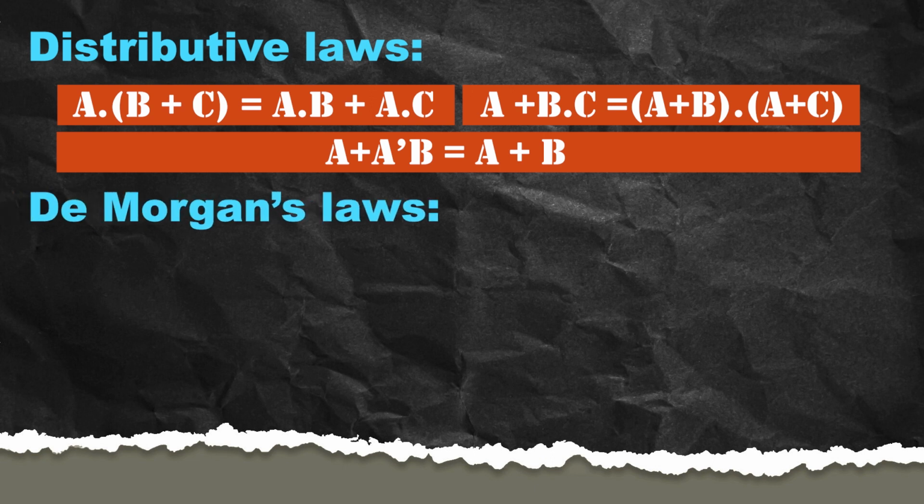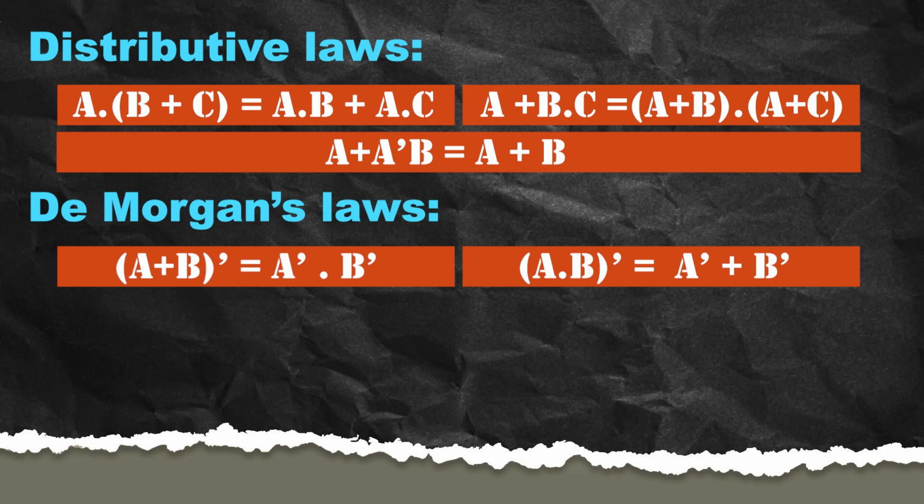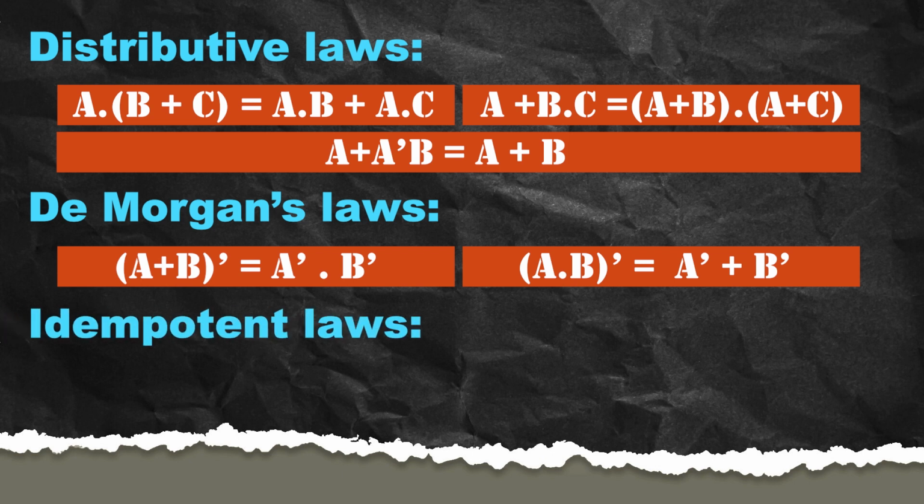Then comes De Morgan's law. (A plus B) the whole bar is equal to A bar, or A prime we call A bar, dot B bar, and the second is (A dot B) the whole bar is equal to A bar plus B bar. Now comes the idempotent law.